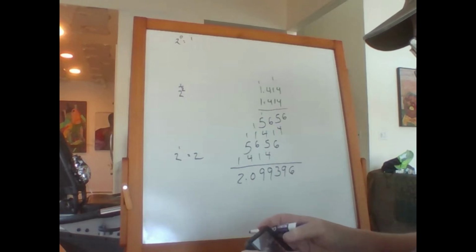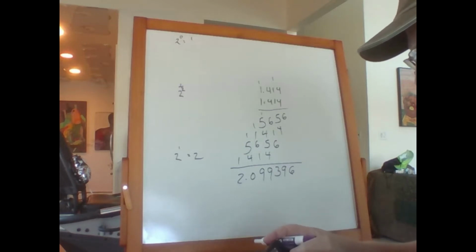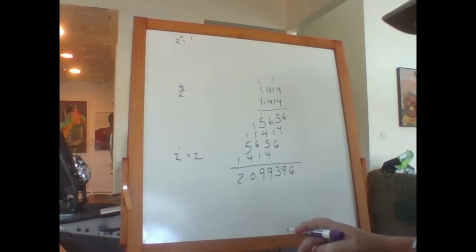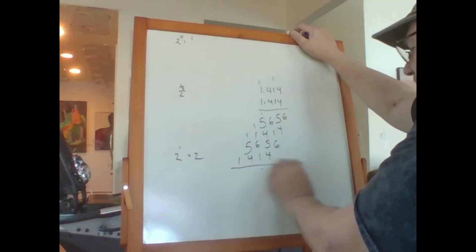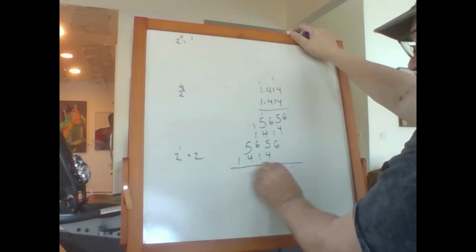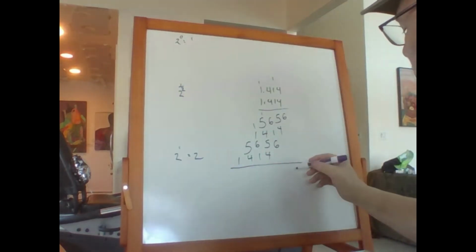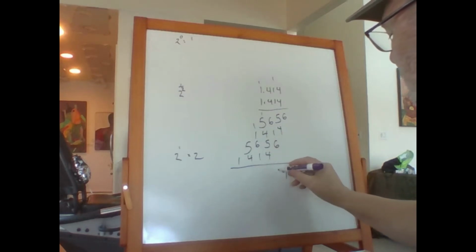I think I made a mistake. 1.414. Yes, I did. This is 9. I shouldn't have carried the number there. So we got 6, 9, 12, 13.